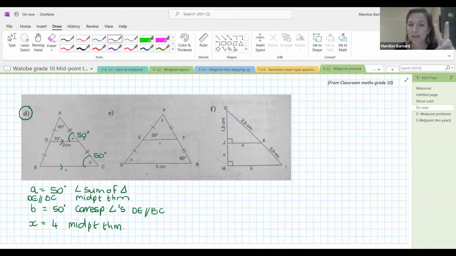You do it on your own. We're not going to put answers in the chat yet. We'll kick off a 2-minute timer, and when you are done, you can throw a thumbs up emoji in the chat. We need to speed this up a bit. We need to get better, more fluent with this midpoint theorem.